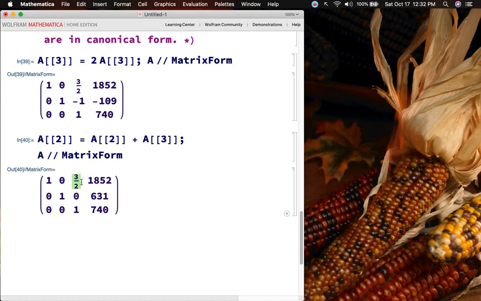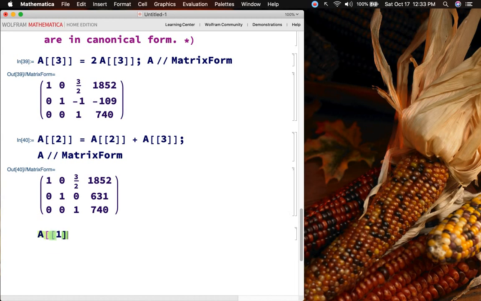I'm going to take every number in the first row and subtract from that number 3/2 times the corresponding number in the third row.